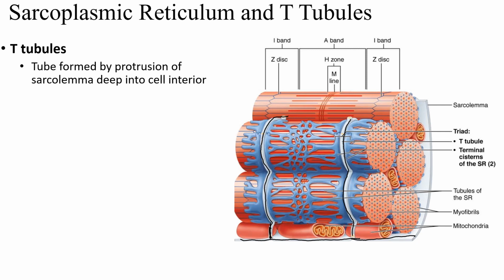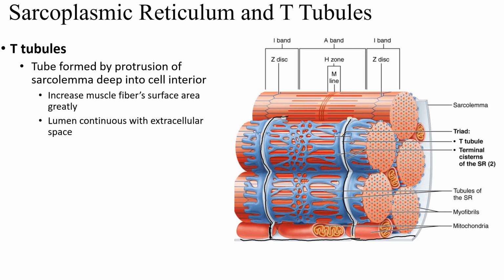The T-tubules are going to go into the depth of the cell, so it's not going to stay just on the surface like most of the sarcolemma, but it's going to go deep into the actual muscle myofibrils. This is going to increase the surface area. So this is technically connected to the extracellular space.